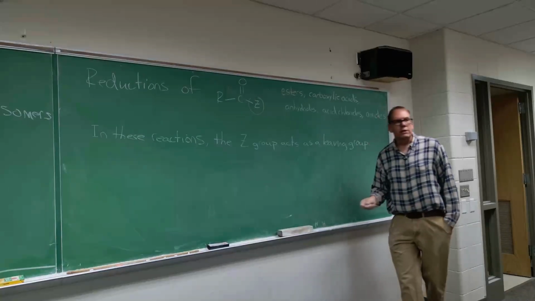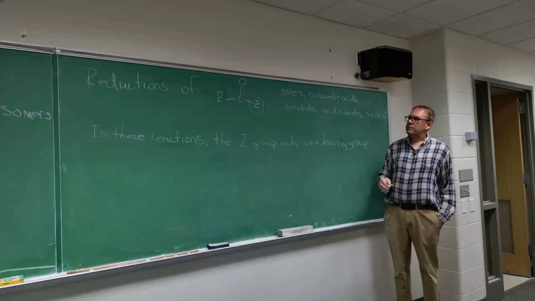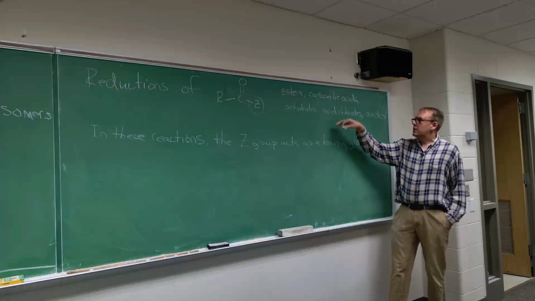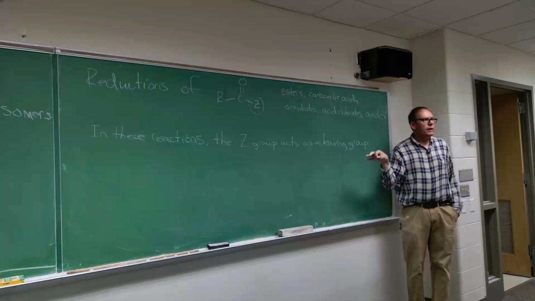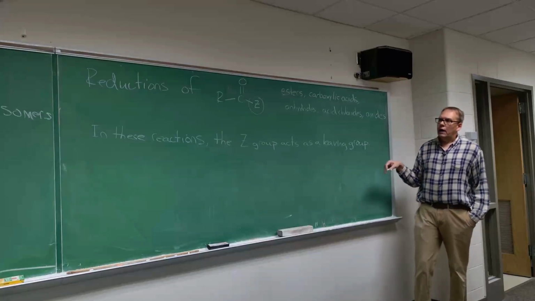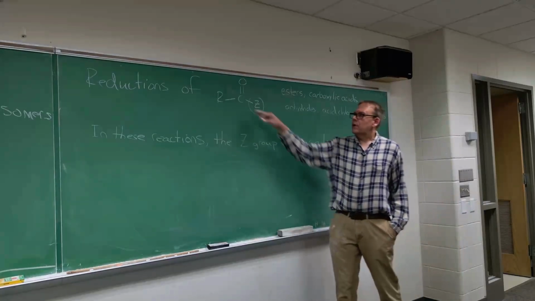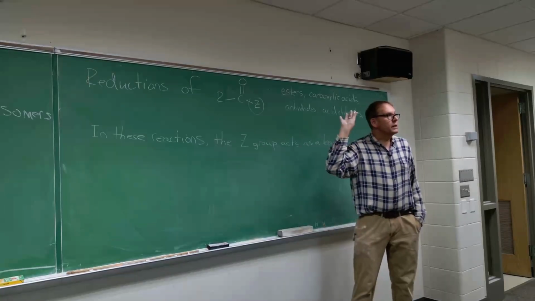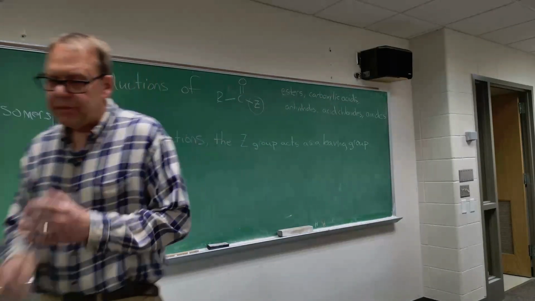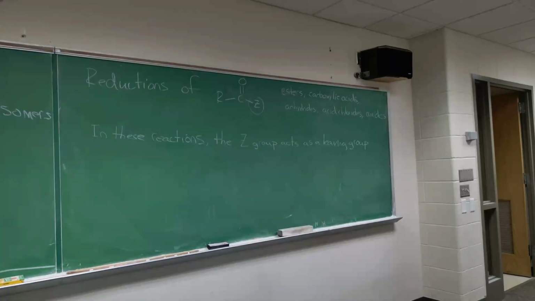The results are a bit different depending on which of the derivatives you are working with, whether it's an ester, carboxylic acid, anhydride, acid chloride, or amide. But one thing is the same in all of them: when a hydride adds to the carbon, this Z ends up being a leaving group and leaving. So now we're going to take a look at a bunch of different types of these derivatives to figure out how they work and which ones do what.